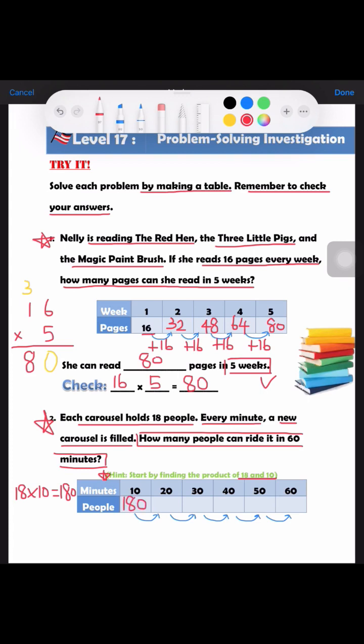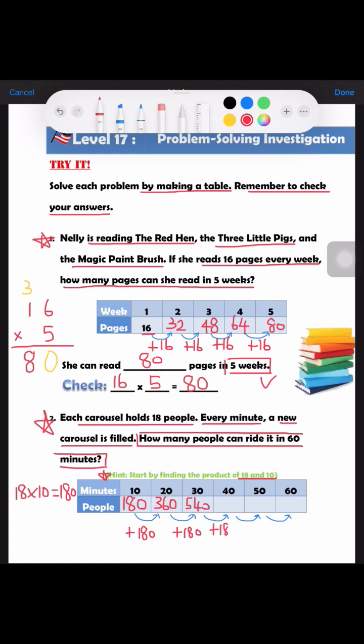So how about 20 minutes? We just need to double 180. 180 plus 180, which is 360. How about 30 minutes? It will be 360 plus 180. So what is the answer? Yes, 540.